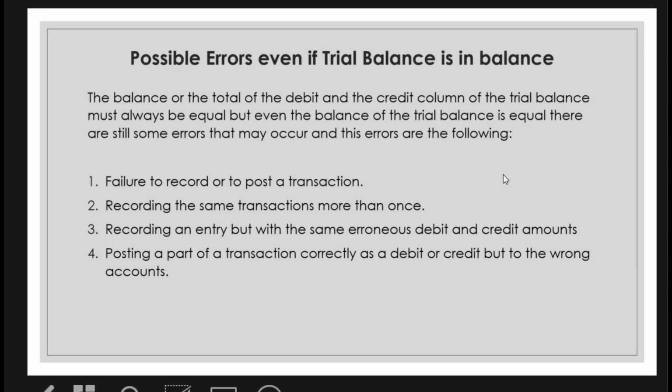So, mali pa rin yung pag-record mo. Mali pa rin yung mga balanse na na-report mo. Or, pwede rin na hindi siya nakapag-post ng buong transaction. So, ibig sabihin, nandoon na sa general journal, kaso lang hindi niya na-post yung buong journal entry sa general ledger.